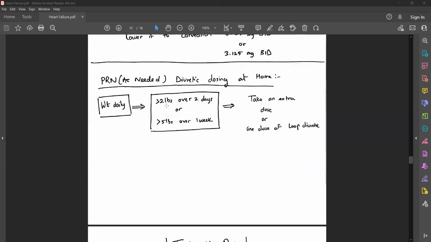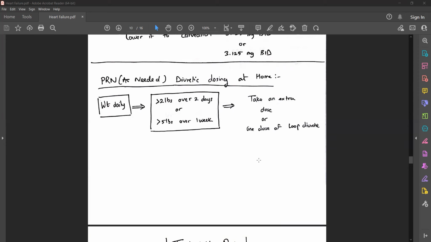If they see more than 2 pound weight gain over 2 days, or more than 5 pound weight gain over 1 week, you can tell them to take an extra dose of loop diuretic. Let's say they're taking furosemide 20 milligrams daily at home and they see this weight gain, they can take one more dose of furosemide 20 milligrams that day.